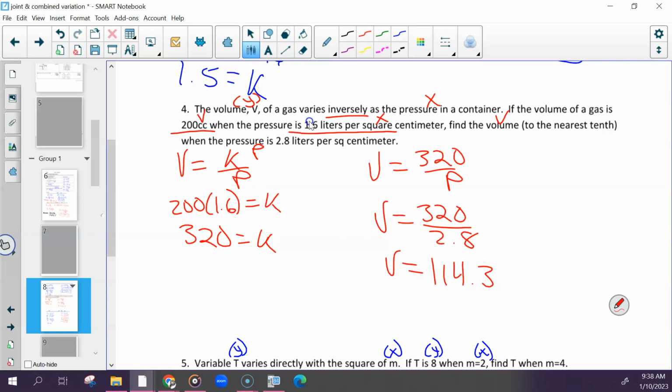And then our label for volume would be CC. Questions on that?